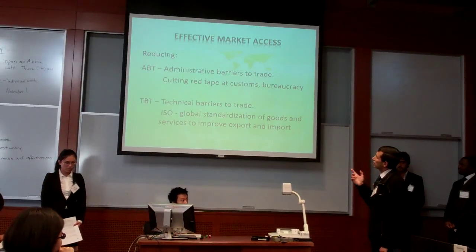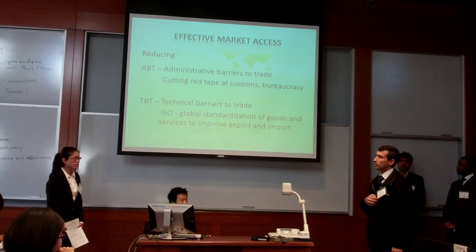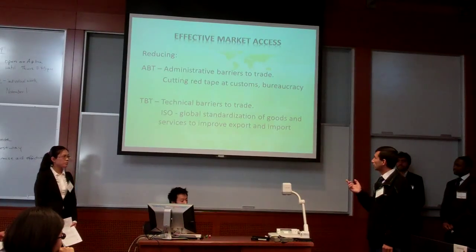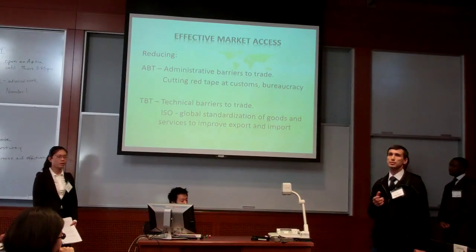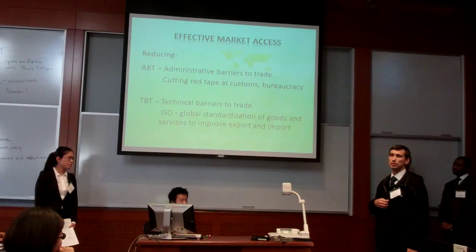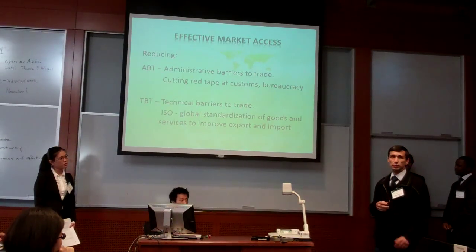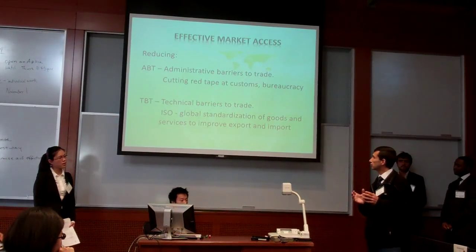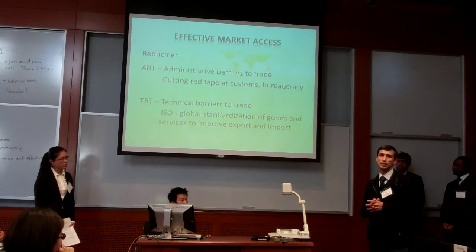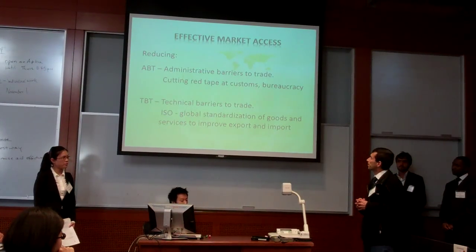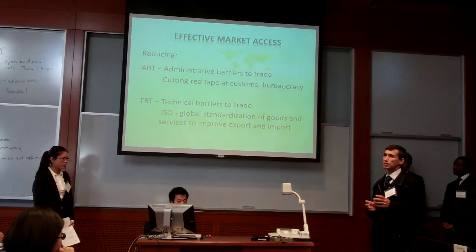And the next thing is reducing the technical barriers to trade, which means that all the countries which participate in international relations have to make some agreement on using global standards for all products in international markets.